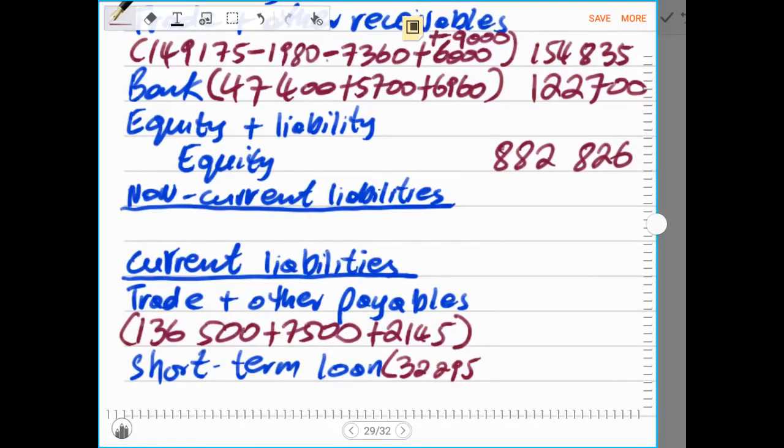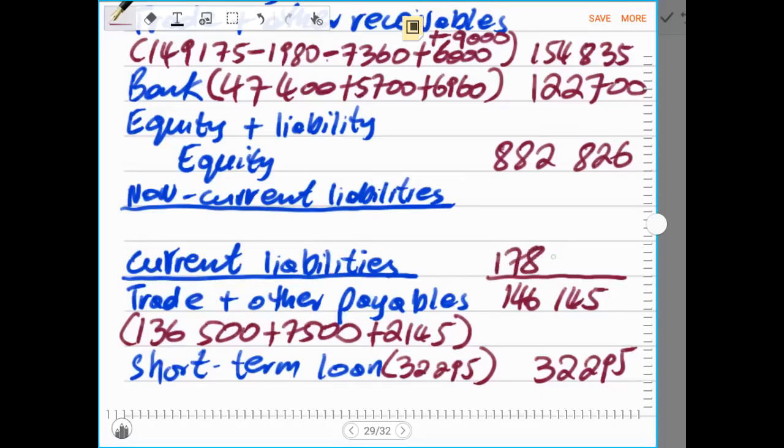So now let us come to our equity and liability. Our total will be 136,500 plus 7,500 plus 2,145. That will give us 146,145. And our short-term loan is 32,295. Our total current liabilities will be plus 32,295, which will be 178,440.